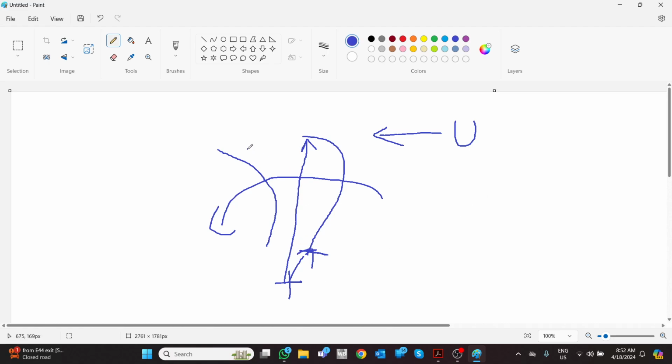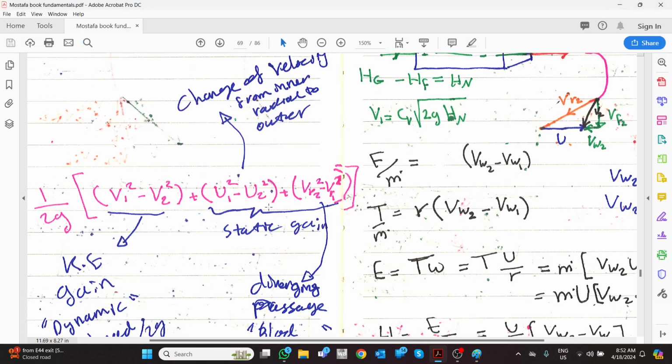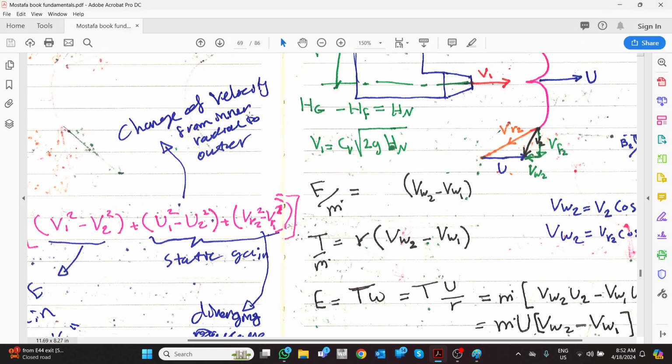While you force the fluid to go to a bigger rotational radius, you are giving it more and more energy. So the change in the velocity from the inner radius to the outer radius results in an increase of energy inside the fluid.